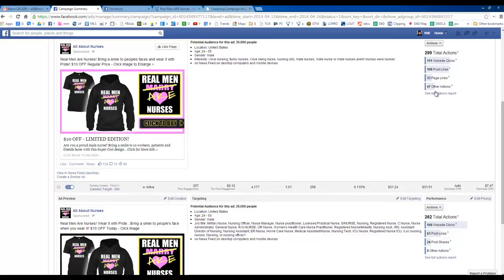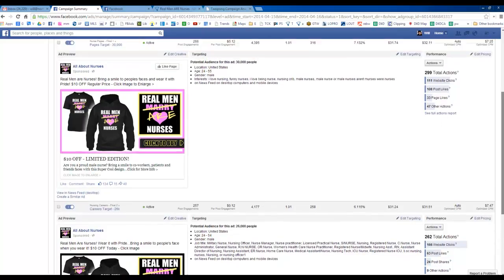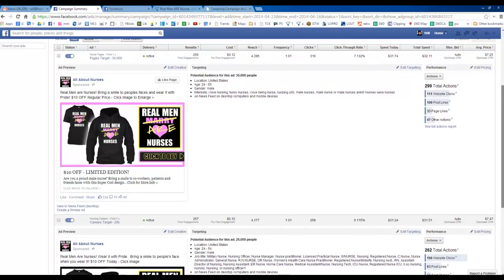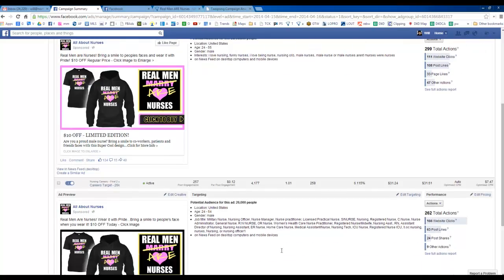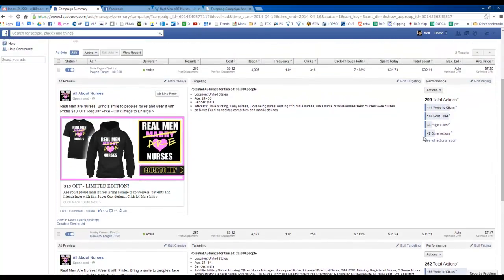It just says 47 other actions. But anyway, so backtracking, our job title people are outperforming as far as clicks to the website than is our likers, even though our click-through rates are about the same. And the click-through rates are obviously counting the total amount of click-throughs, right?